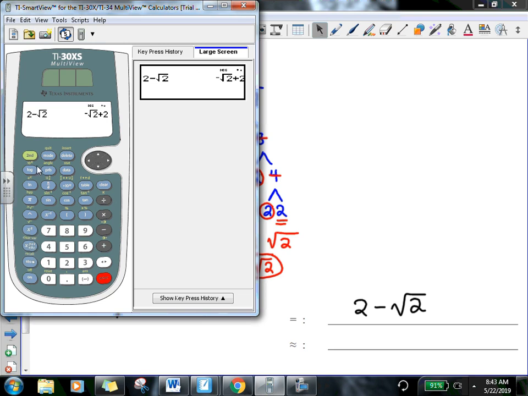Now your calculator may actually do that. If we want to switch it, you have to hit mode and then arrow down to classic and hit enter. Then when we go back to our screen, unfortunately we have to type this in again. 2 minus the square root of 2.